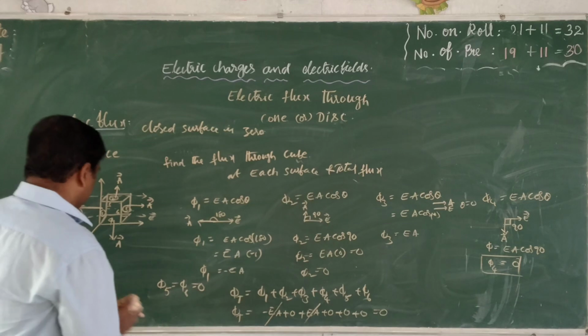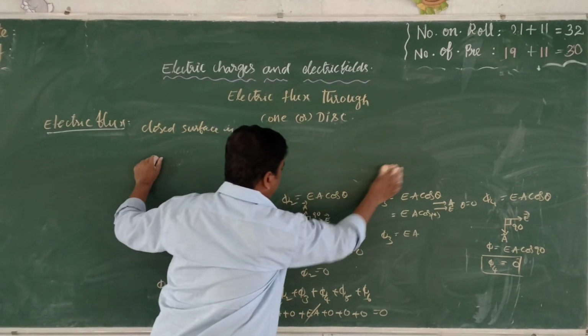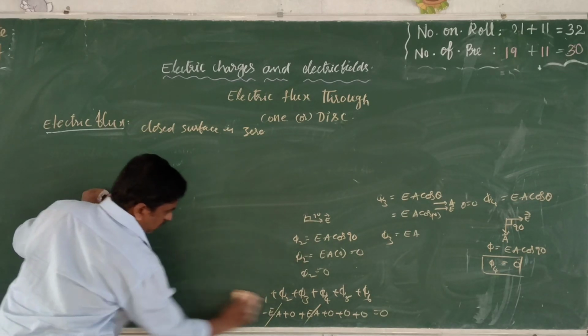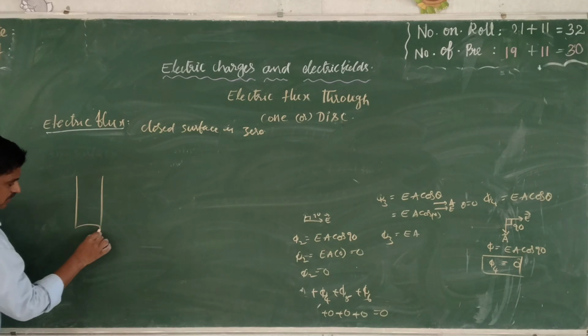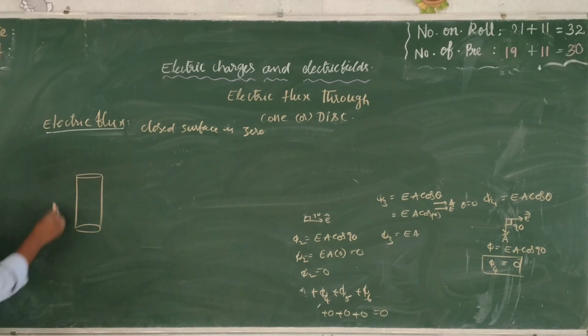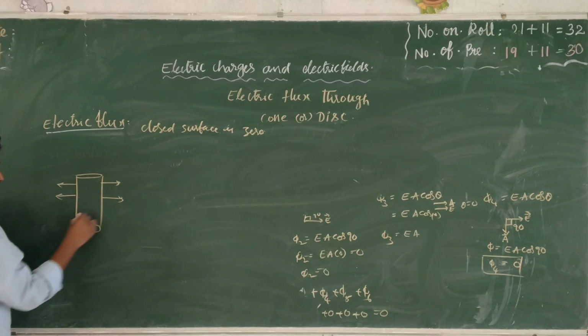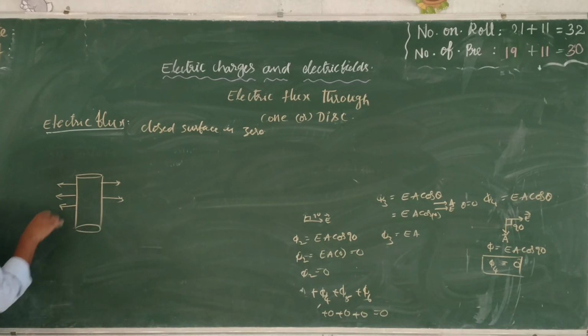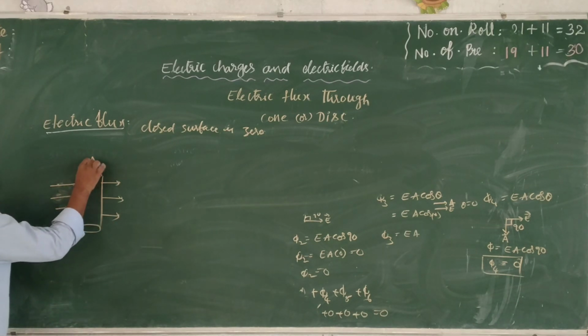For example, we can take another one. We can take a spherical surface, or we can take a cylindrical surface. See this one here. These are the electric field lines passing through this surface.